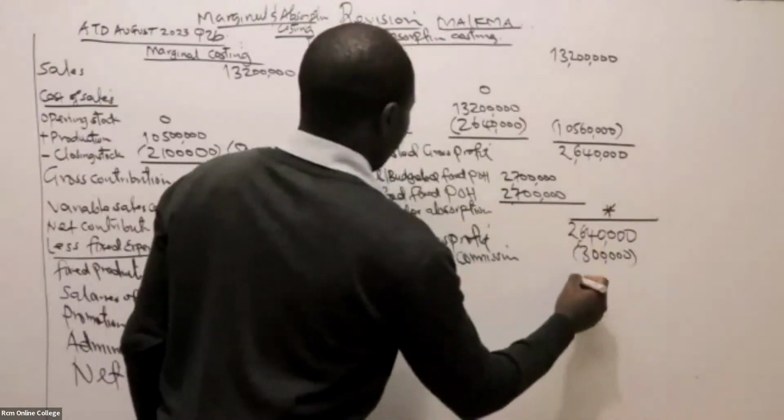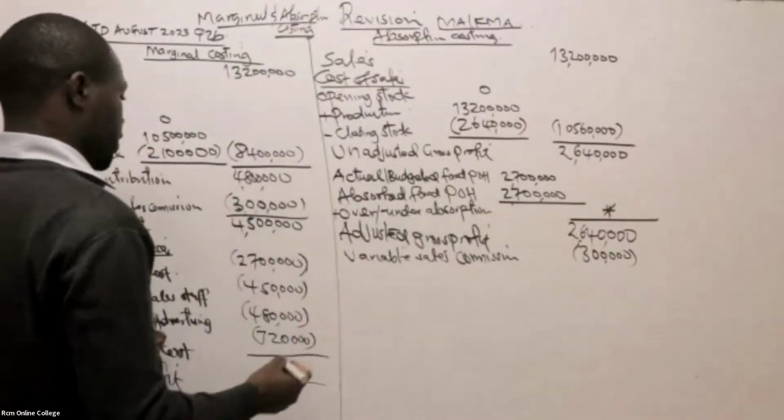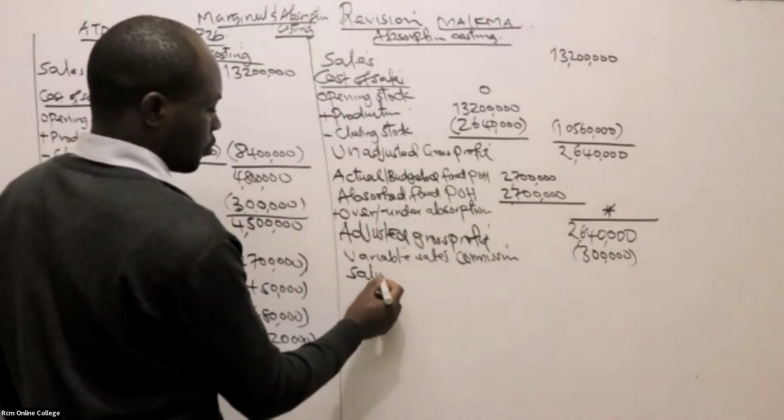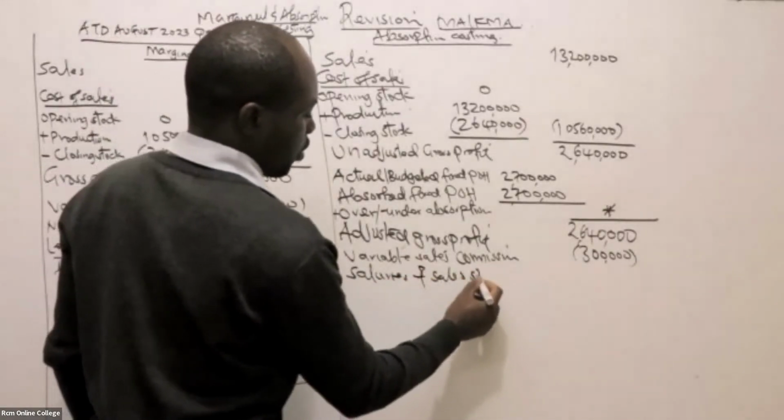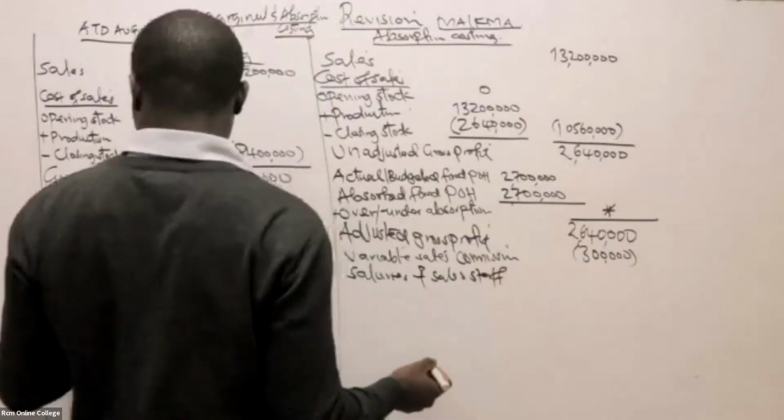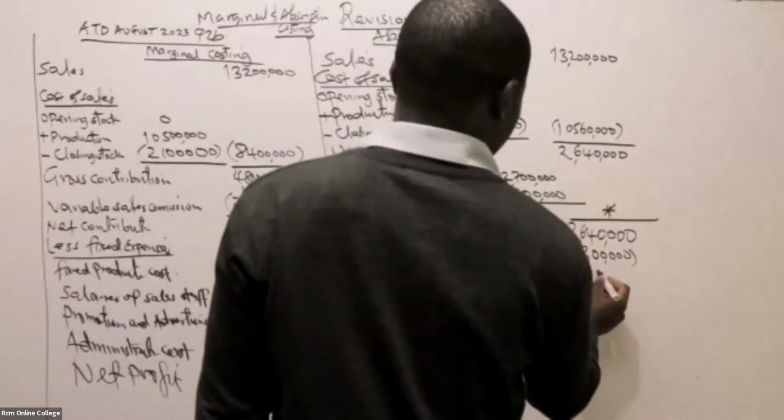Right? Then we go to salaries of sales staff. How much do we have? 450,000.